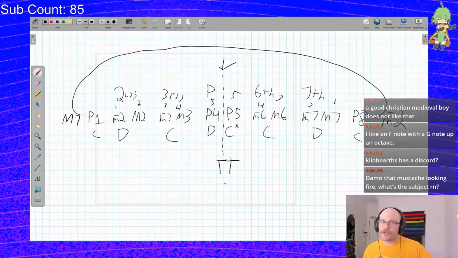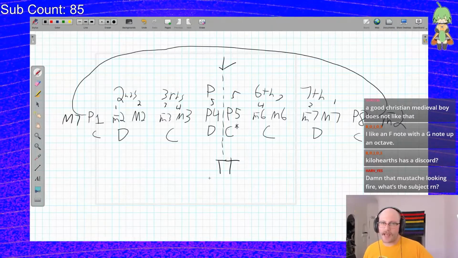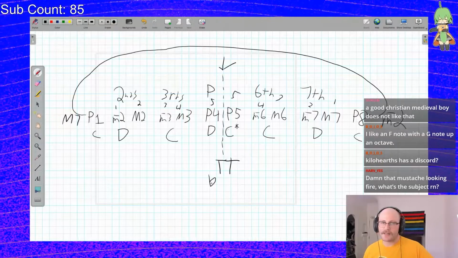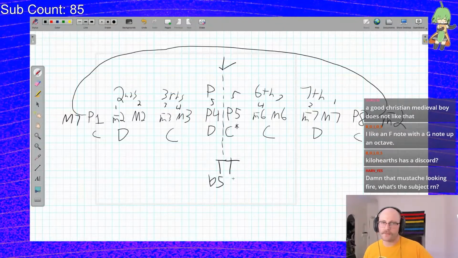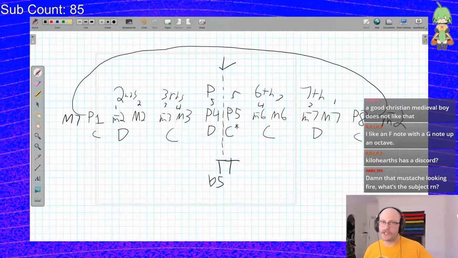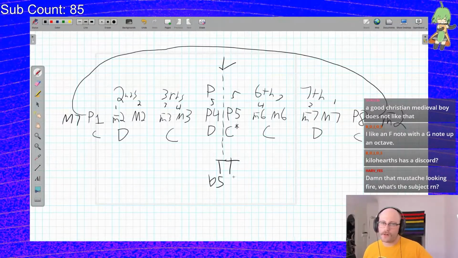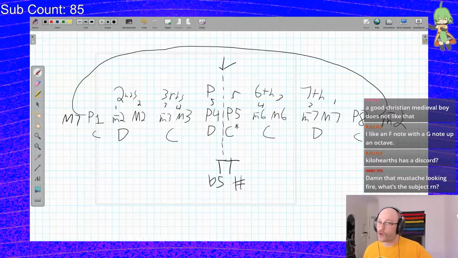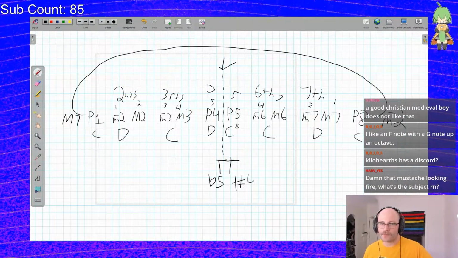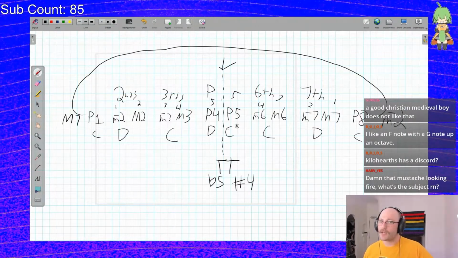Instead, you see it referred to as either a flat 5, where we're taking this perfect fifth and lowering it by 1, or we have the sharp or augmented fourth, taking this and going up.